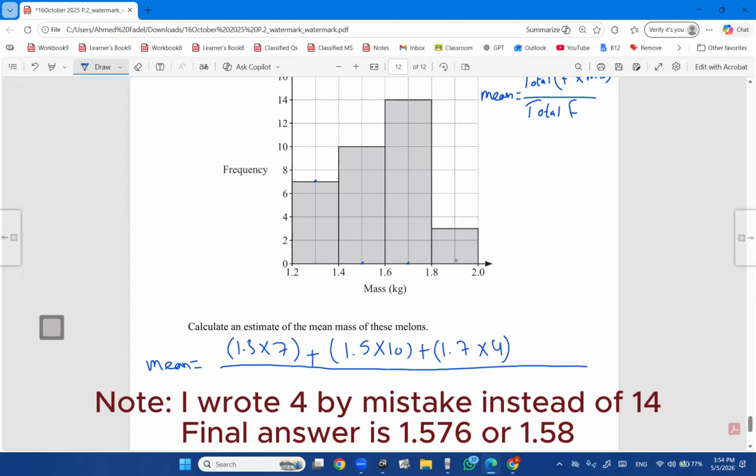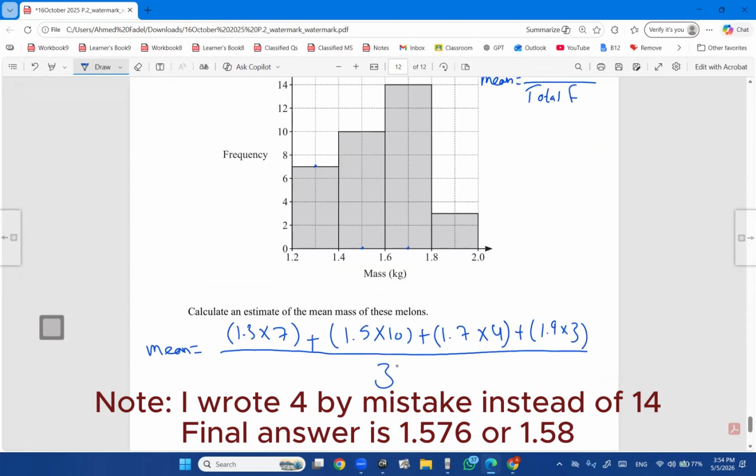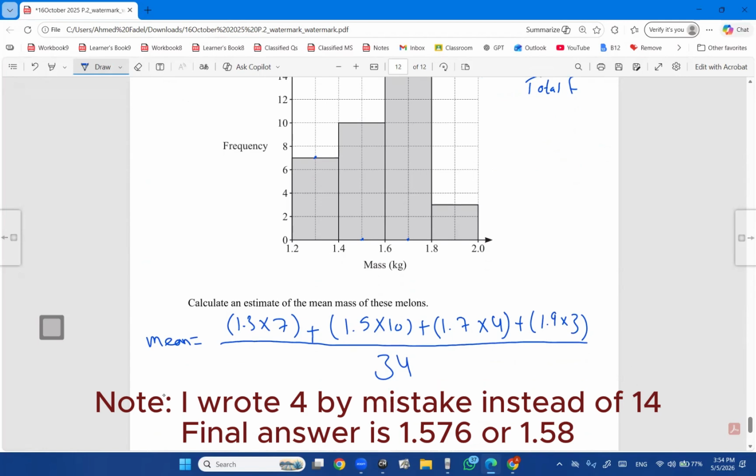Then the last one is 1.9, and you multiply by 3. The frequency of 1.9 is 3. Over the total frequency, which is 34 melons. So the mean is equal to, you can do this now on your calculator.